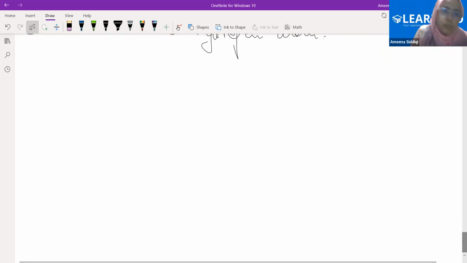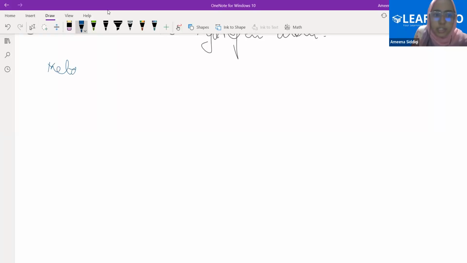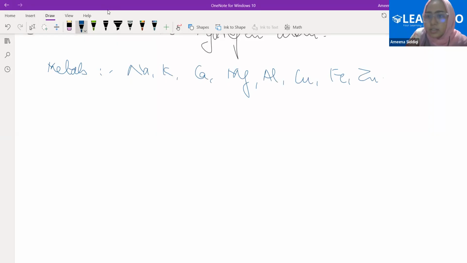I'm writing down the most commonly used examples of metals and non-metals. Please pay attention. Metals, beta: sodium, potassium, calcium, magnesium, aluminium, copper, iron, zinc, beryllium, barium. So these are the most commonly used examples of metals.